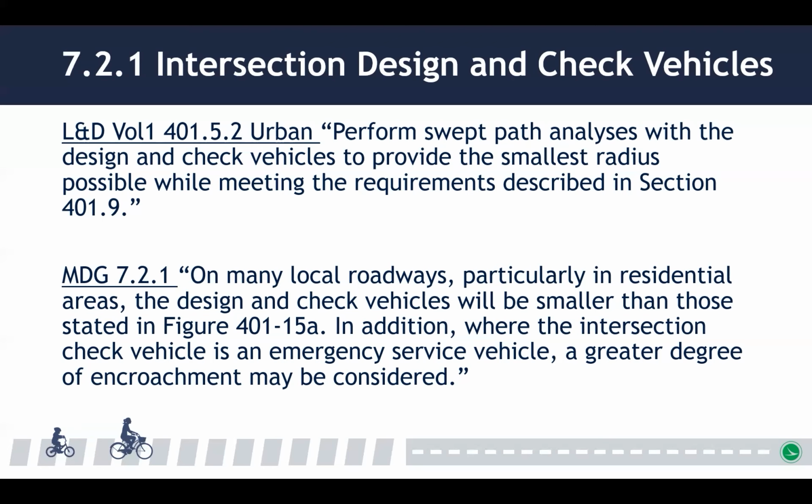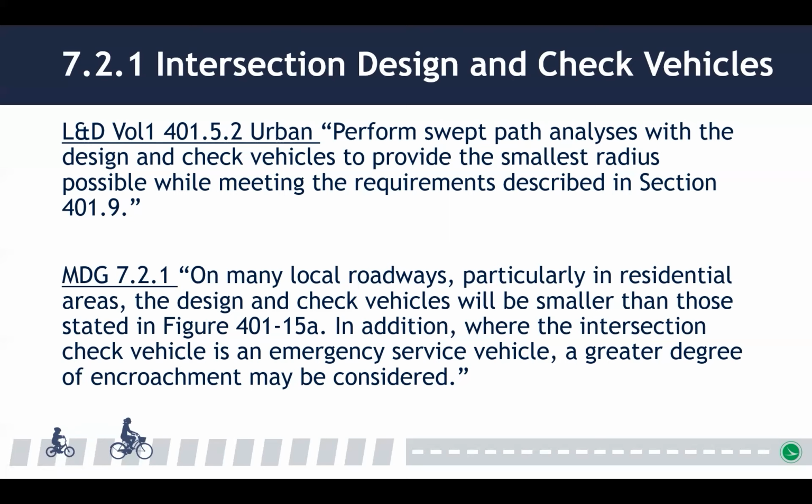Similarly, using a smaller design vehicle at intersections regularly used by larger vehicles should be avoided because frequent operational challenges may occur, may lead to encroachment beyond the edge of pavement or curb line, and can lead to damage to infrastructure such as curb ramps, signs, or poles.